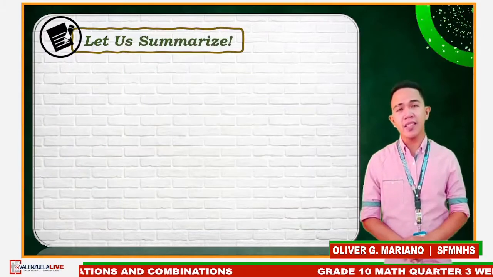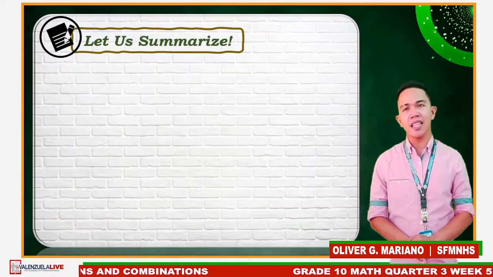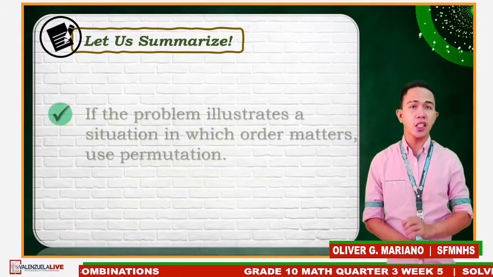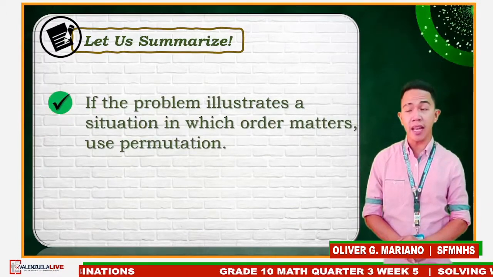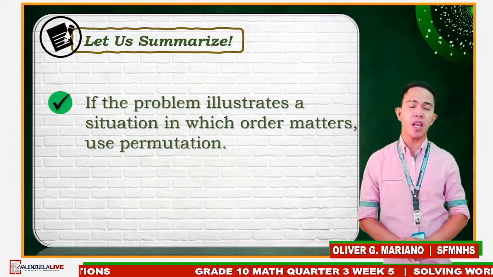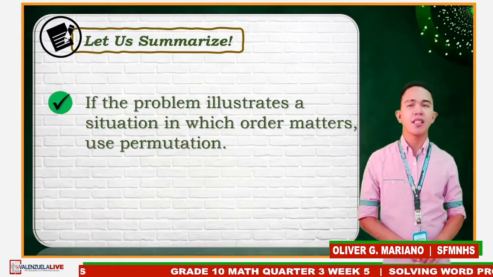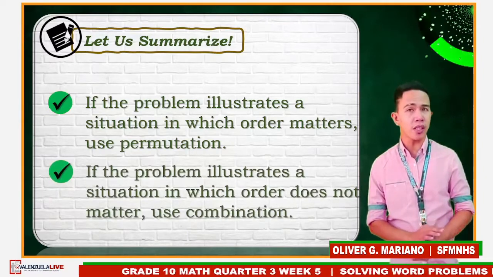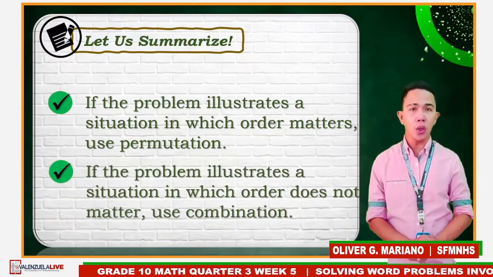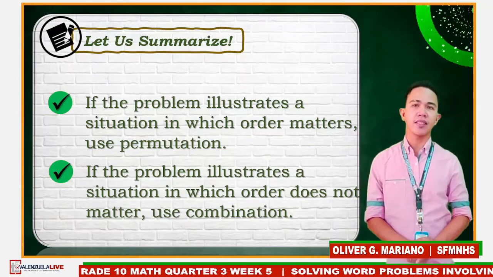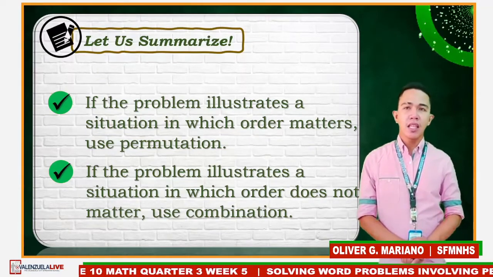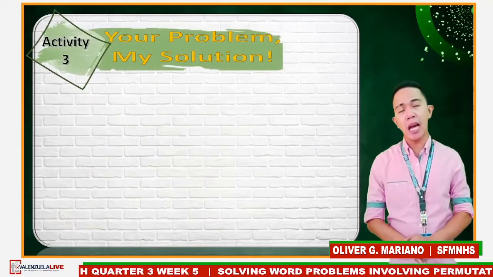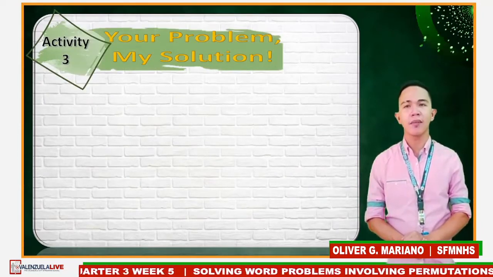To summarize, let's not forget that if the problem illustrates a situation in which order matters, use permutation. And if the problem illustrates a situation in which order does not matter, use combination. Now, for your last activity, I want you to work collaboratively as a pair.